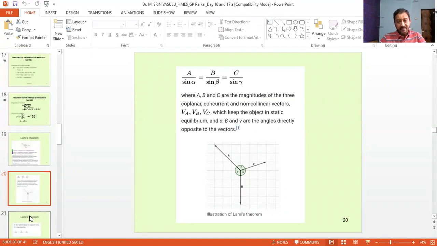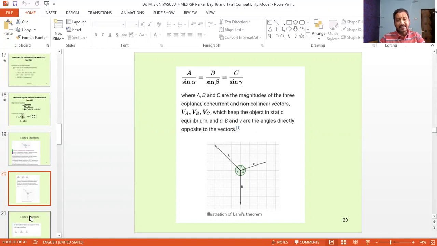And according to this, if A, B, C are the forces and alpha, beta, gamma are the angles, then A by sine alpha is equal to B by sine beta is equal to C by sine gamma.